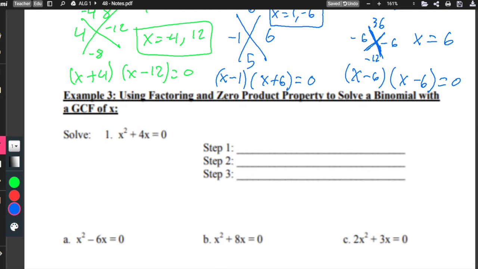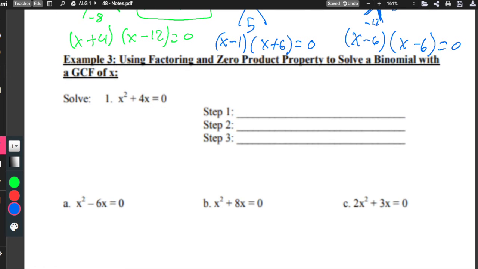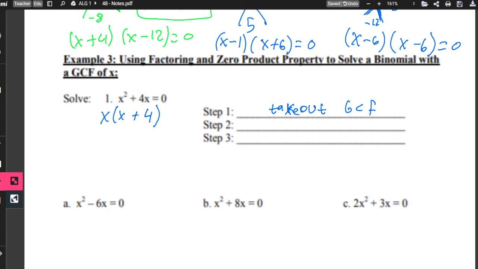So then we're going to use factoring and the zero product property to solve a binomial with a GCF of x. So first off, we're going to take our GCF out. So we factor out the x. So we'll have x times (x plus 4) equals 0.